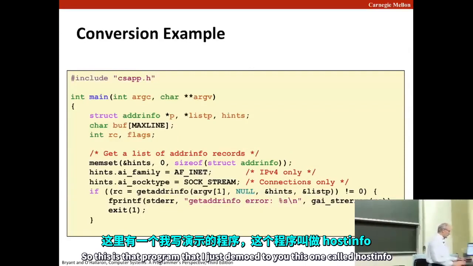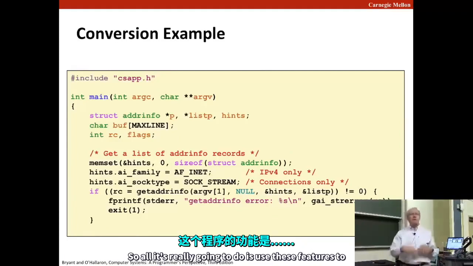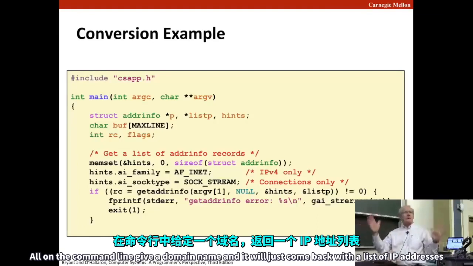So this is that program that I just demoed to you, this one called hostinfo. All it's really going to do is use these features to, all on the command line, take a domain name, say, and come back with a list of IP addresses.